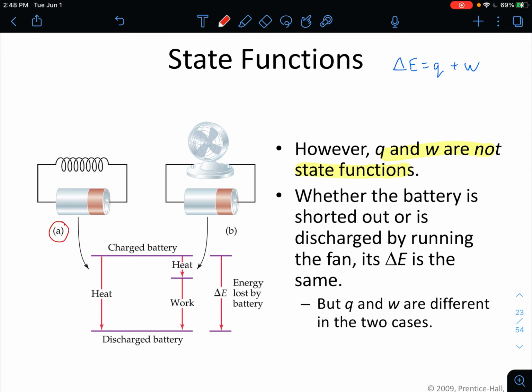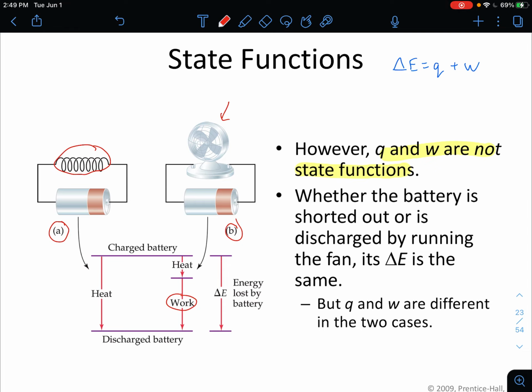So in the picture here, in diagram A, we've got a battery hooked up to a heating coil, and that battery is discharging by giving off heat through that heating coil. On the right-hand side picture, we see that our battery is in line with a fan, and so the primary usage of the energy as that battery discharges is to turn the blades of the fan, which would qualify as mechanical work.